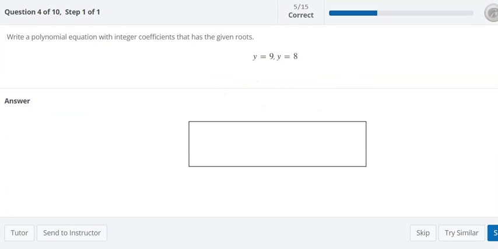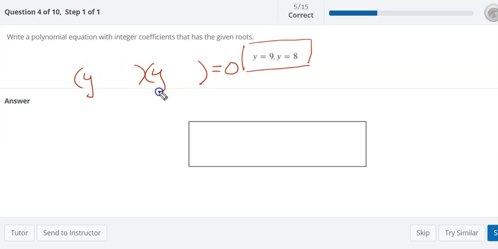Now, another type of example you might get is one like this, where they're giving you the answers. They want to know what would have been the original equation or something very similar to it. So, again, we're going to set it up like so, where this was a y here and a y there. And to get a positive 9, this would have had to have been a negative 9. And a positive 8, this would have had to have been a negative 8.